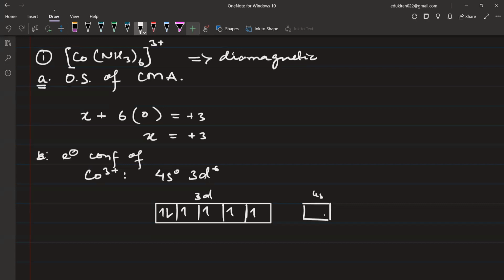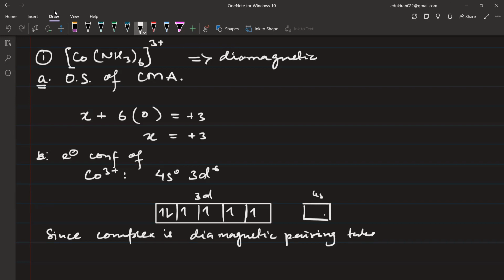In crystal field theory, we will understand that this is diamagnetic because of this ligand. And since it is diamagnetic, we will pair up all the electrons. We will write, since complex is diamagnetic, pairing takes place.